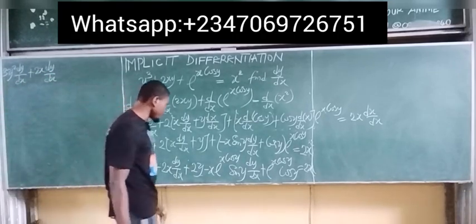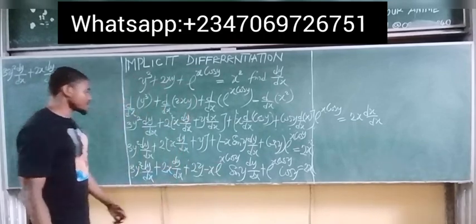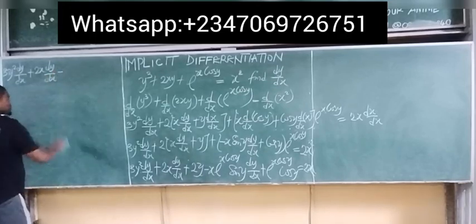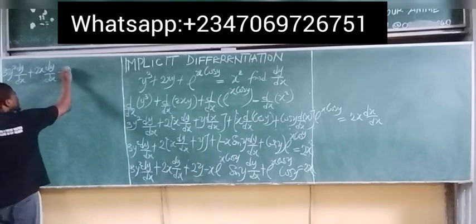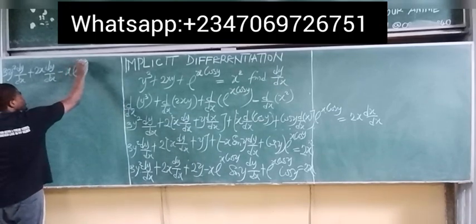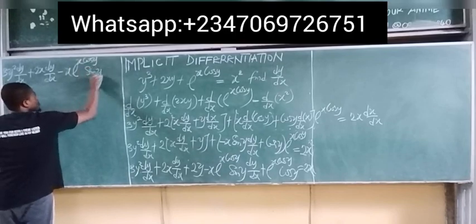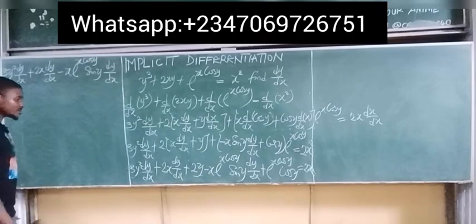I also have here minus exponential x cos y sine y dy dx minus x exponential x cos y sine y dy all over dx.